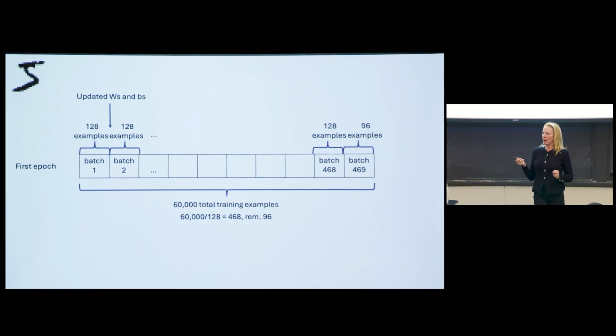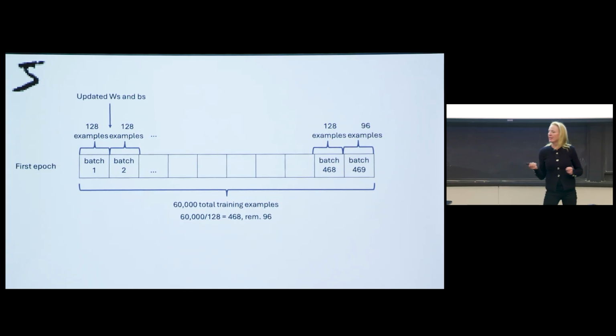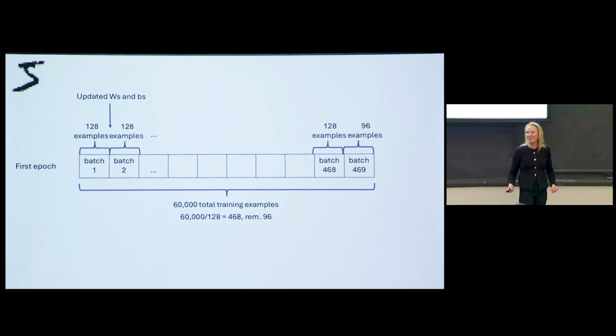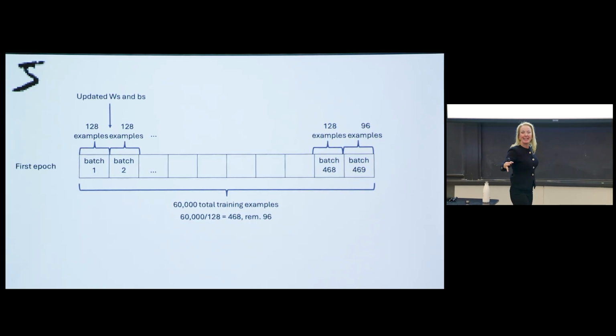Each of these 400,000 plus weights and biases are now a little bit better, because now they've seen some data. Now they're not totally random. And so the machine takes the next 128 examples in the data set, and using those current weights and biases, walks forward with them, makes the predictions, and then sees how well it did on those predictions.